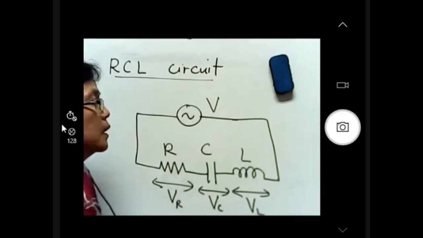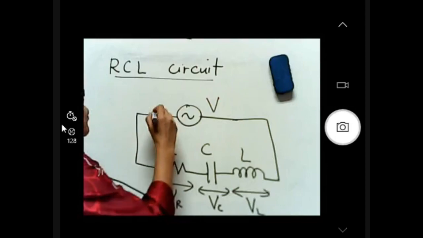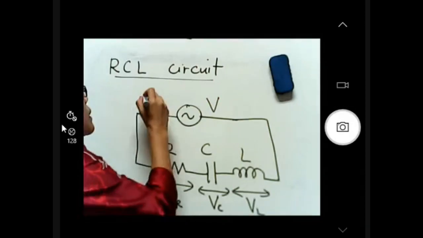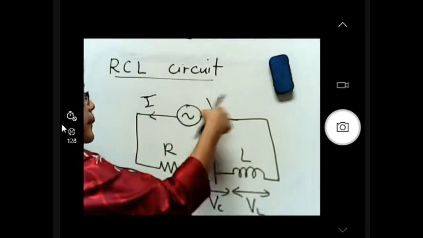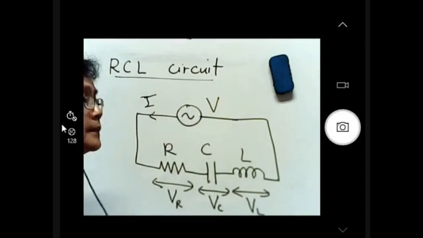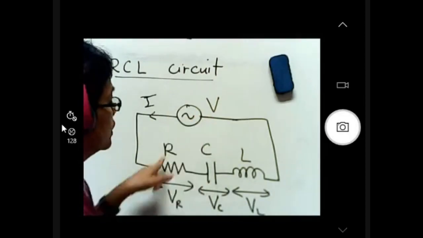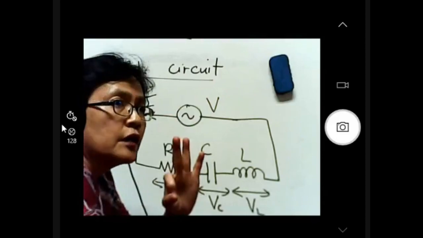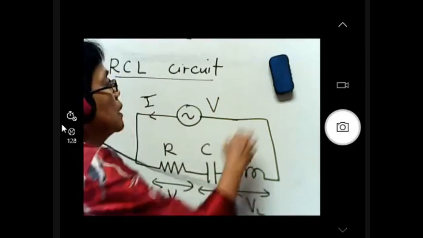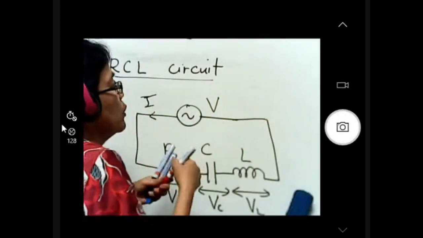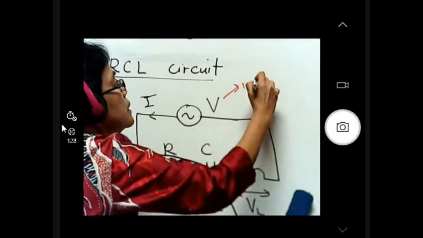4 types of voltage, and then 1 type of current. Current only 1. Then you must remember, each voltage will carry 3 types of value. Each voltage will have an instantaneous value.